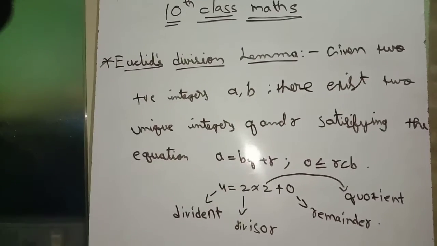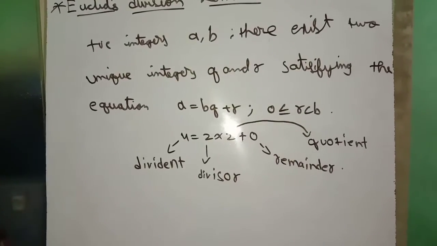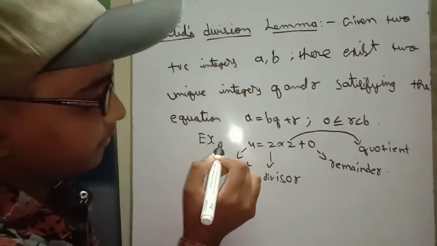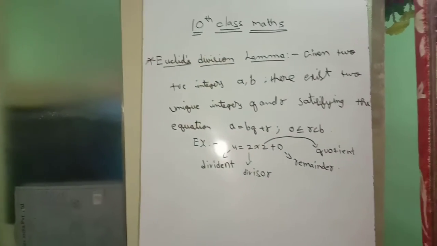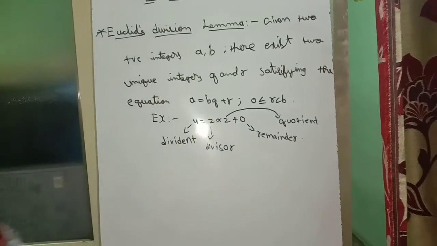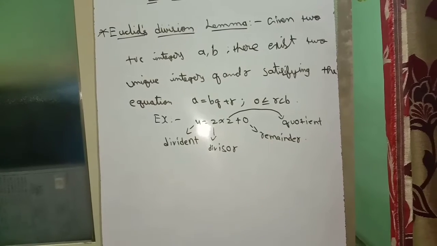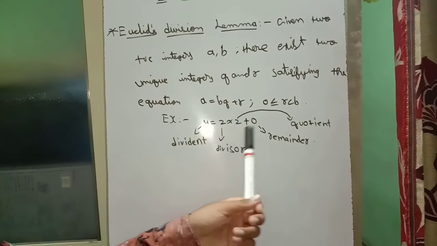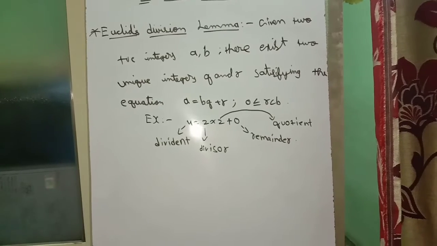Let's take an example: 4 is equal to 2 into 2 plus 0. Here 0 is the remainder, 4 is the dividend, 2 is the divisor, and the other 2 is the quotient. So these are the four terms.